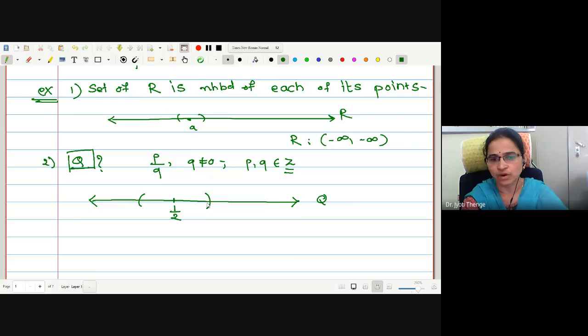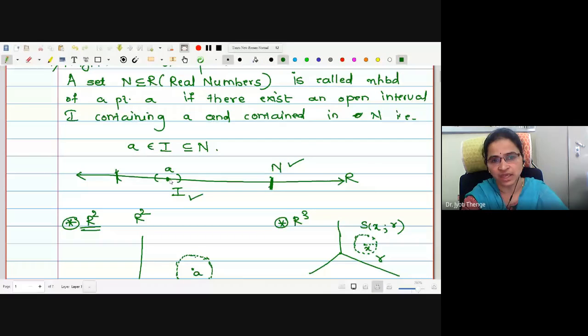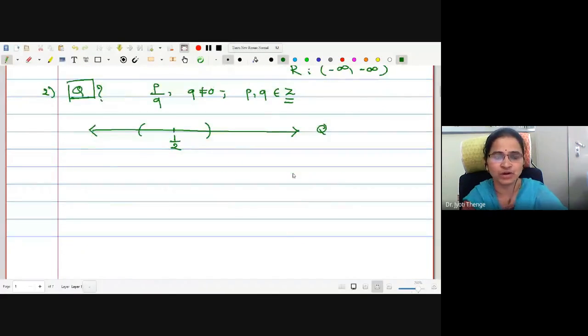According to this definition, if this N has to be a neighborhood, then around the point there should be an open interval which is contained in the set itself. Therefore, here I have taken the point half and drawn a small open interval around it. I can write this as half plus epsilon and half minus epsilon. That is, epsilon on the left and epsilon on the right, so 2 epsilon is the length of the open interval.